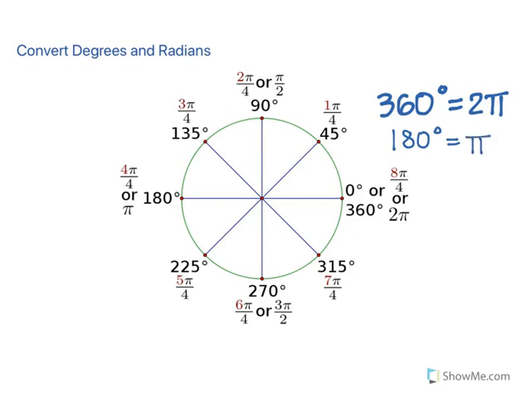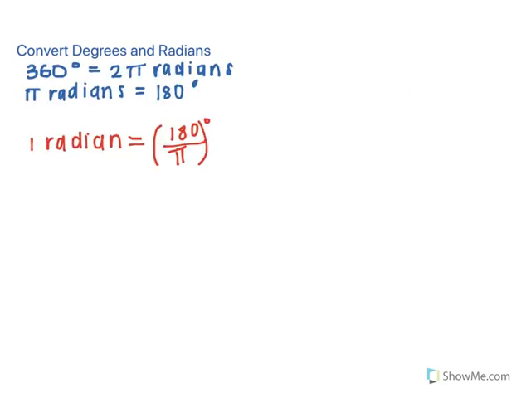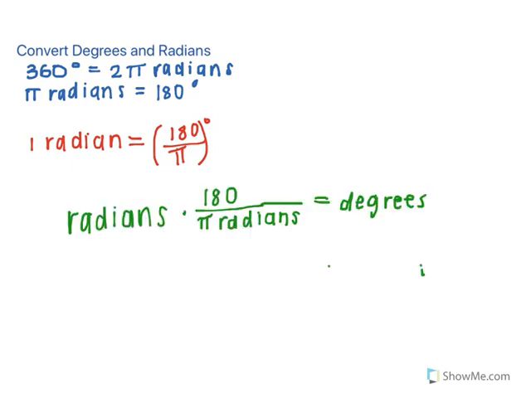From this information, we can deduce that 1 radian equals 180 over pi degrees. So, to convert from radians to degrees, multiply the radians by 180 degrees over pi radians.